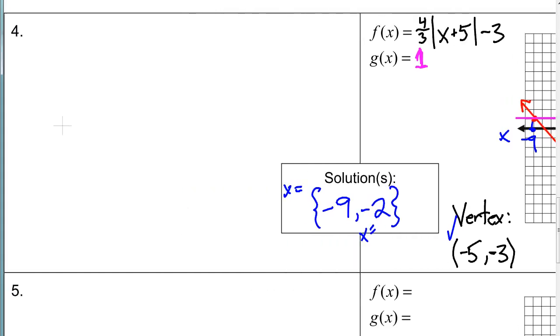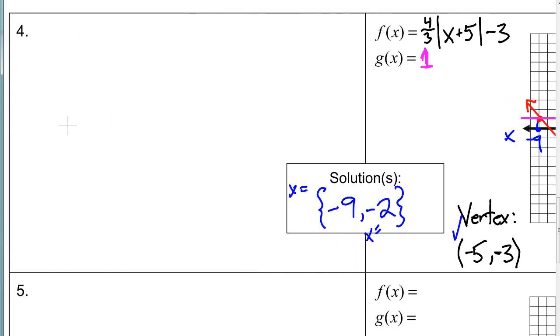Write the equation. Solve. Go ahead and write the equation that you're going to solve. That's what you got?